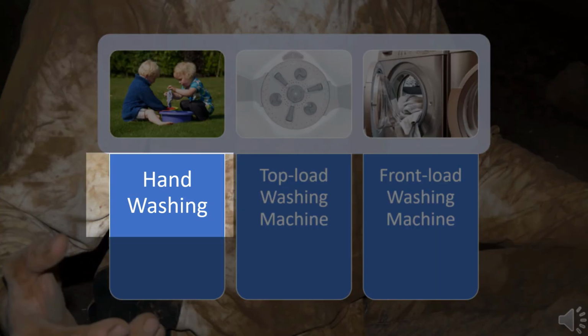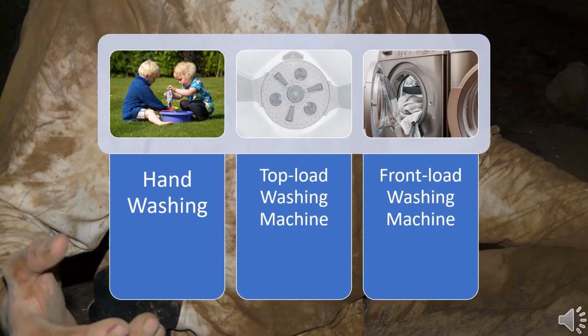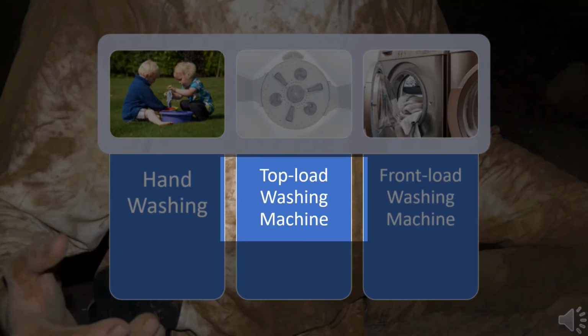Hand wash powder detergent is designed for washing clothes by hand or with a semi-automatic washing machine. It produces more lather than other detergents. Thus, liquid detergents are not suitable for use in hand washing. When you use a top-load fully automatic washing machine, you will need a detergent that produces more foam, as comparatively more water is required than in a front-load washing machine.